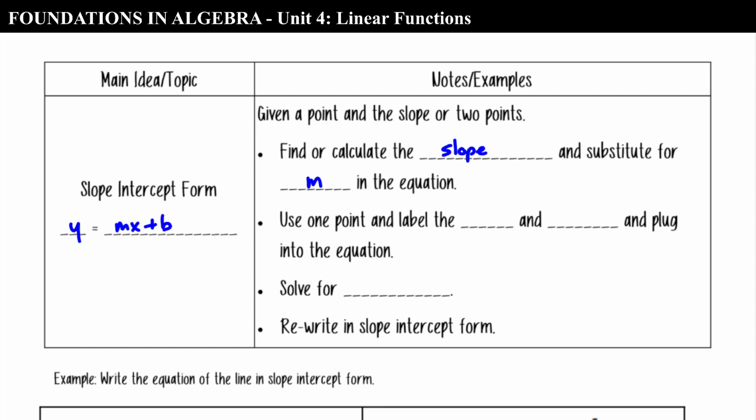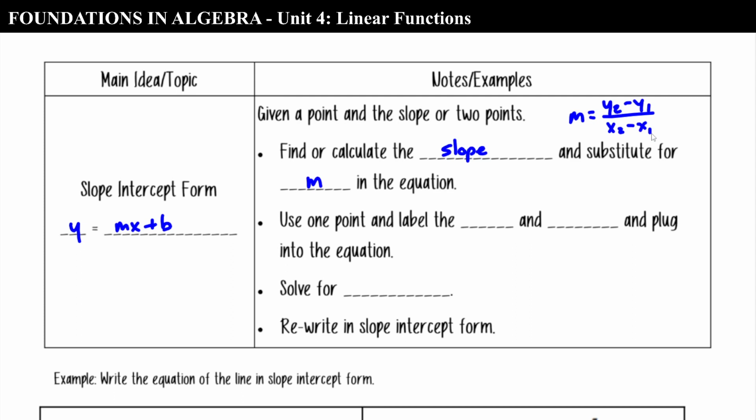If you're given the point and the slope, you're given the slope and you're good. But if you're given 2 points, then you have to find the slope by using the slope formula. As a reminder, the slope formula is m equals y2 minus y1 over x2 minus x1.